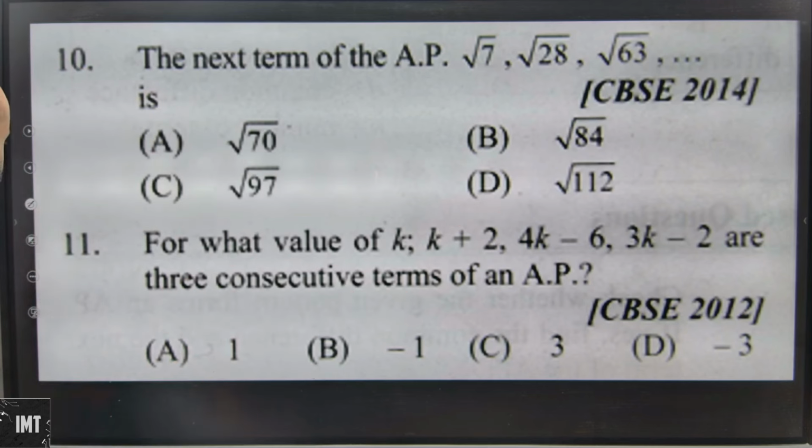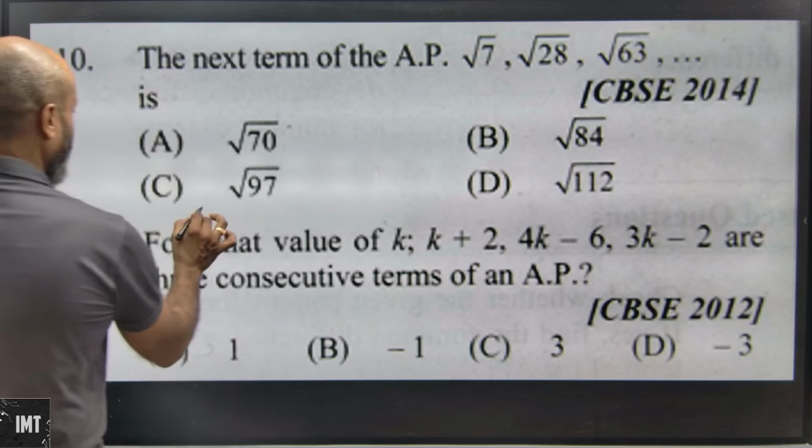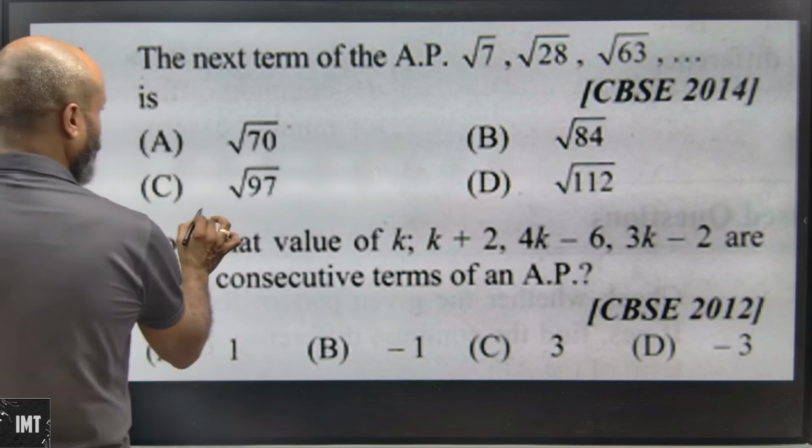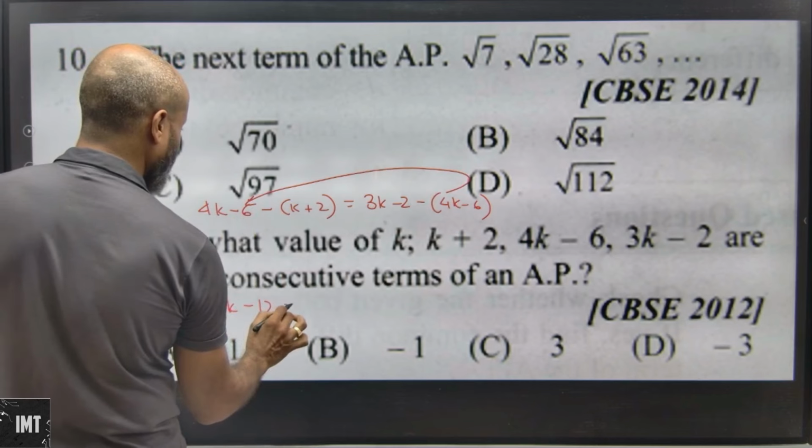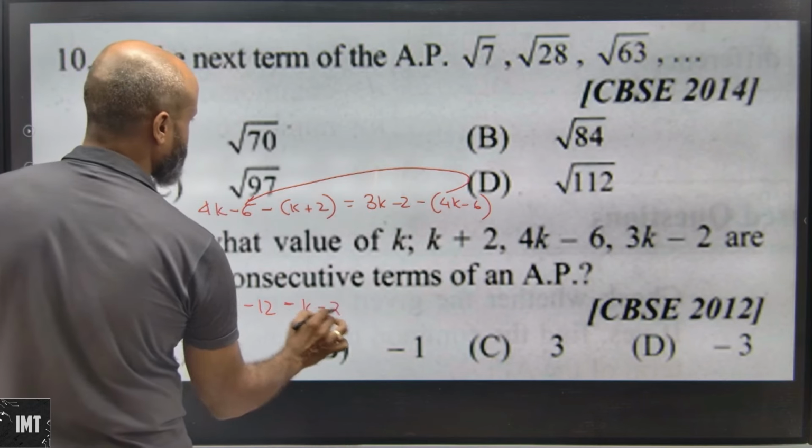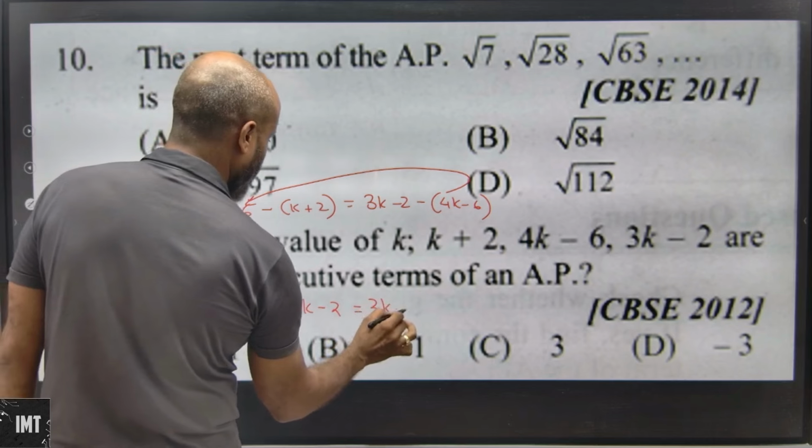Why so many mistakes? 4k minus 6 minus k plus 2 is equal to 3k minus 2 minus 4k minus 6. If I happen to bring this here, this will be 8k minus 12 minus k minus 2, okay, 3k minus 2.